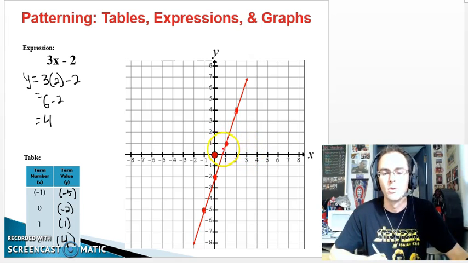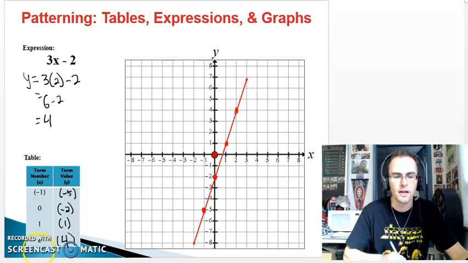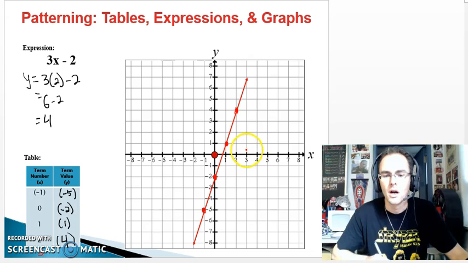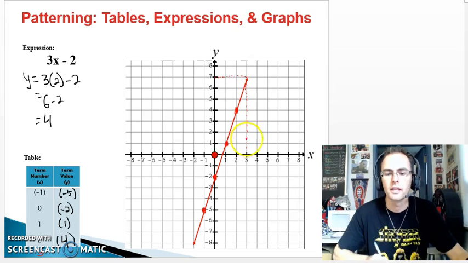So for example, if I were to do that, I would go across to the 3. That would be my term number. If I were just to write that down here, so let's say my term number would be 3. I would just take a look at where my line actually intersects. So at term number 3, my line is actually the value of 7.